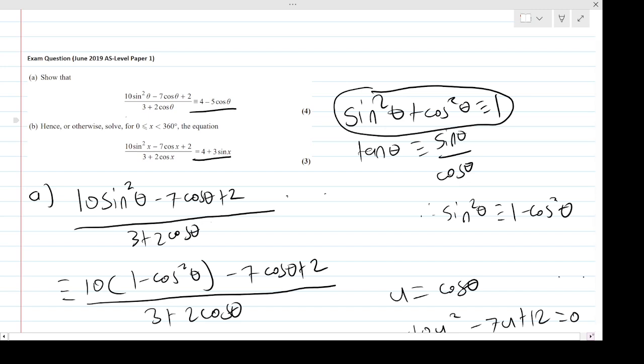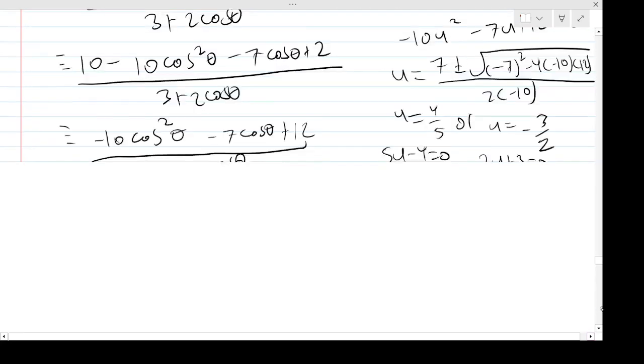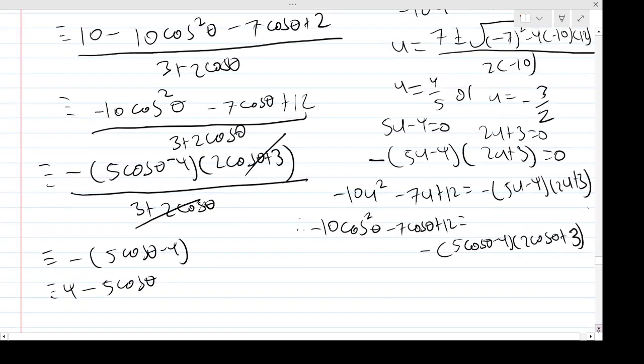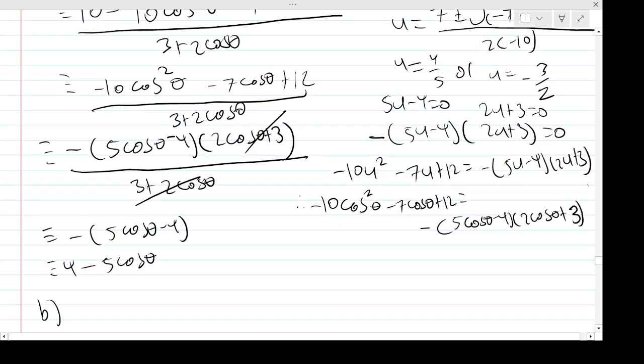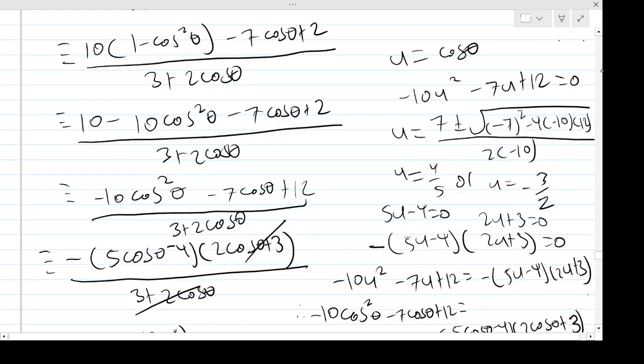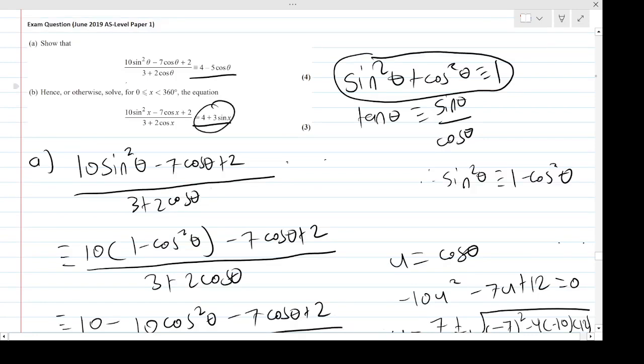So we can say that 4 minus 5 cos theta is equal to 4 plus 3 sine x.